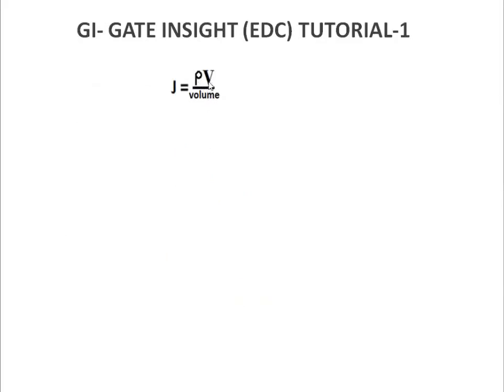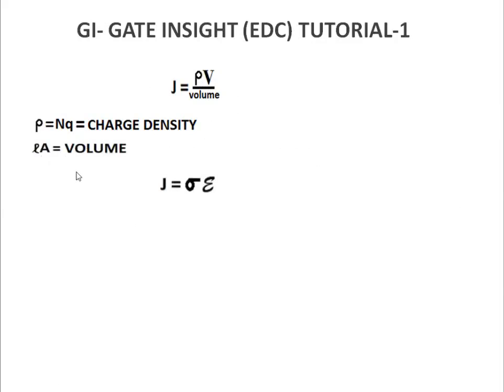Here rho is the charge density, which is number of electrons into the charge, and volume is length into area. We also have another relation for J, that is J is equal to sigma E. Remember that sigma is the conductivity and E is the electric field.